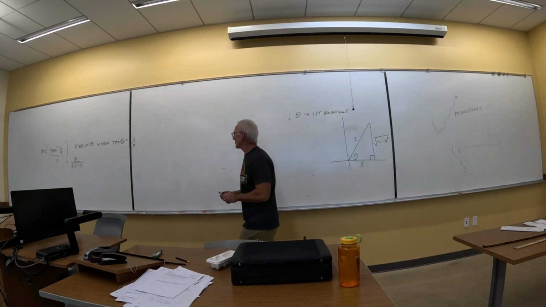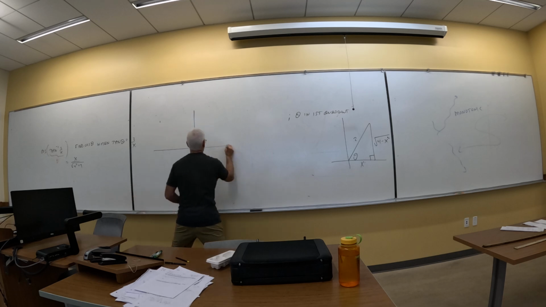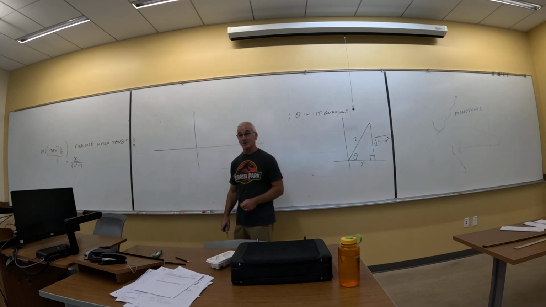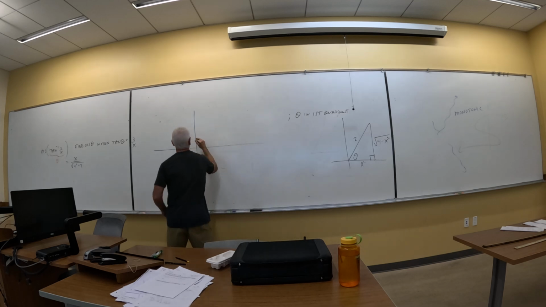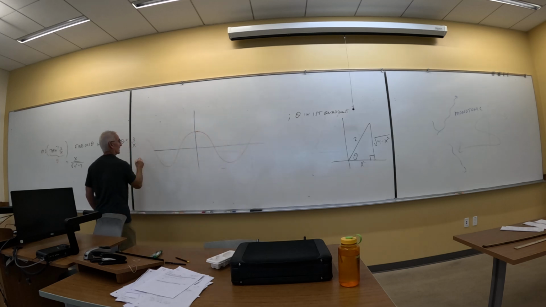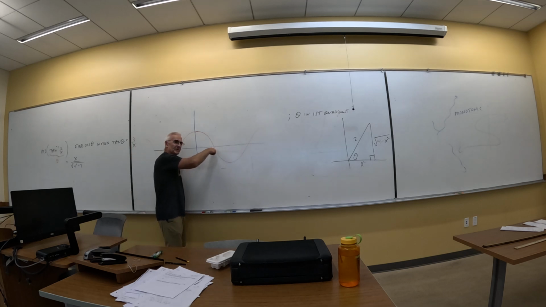Secant and cosecant. You might remember doing this in a trig class. The way you draw a secant is you start by drawing a cosine. Secant is the reciprocal of cosine, which brings us a problem right about here, doesn't it?